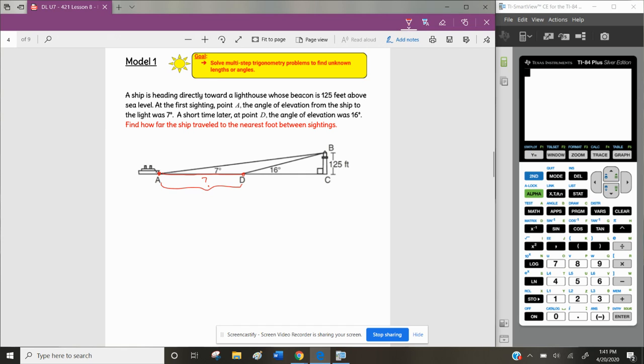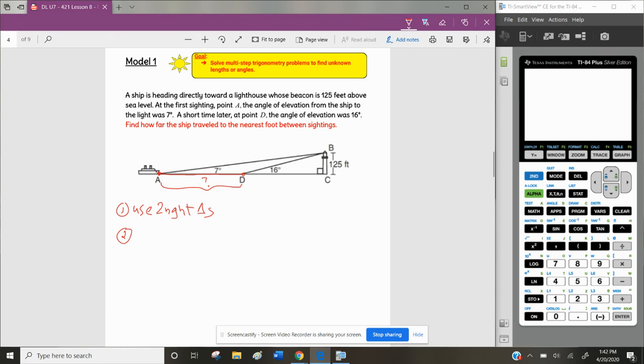So my plan here is to use two right triangles. So I'm going to redraw them. Because if I just use this triangle ADB, that is not a right triangle. That's an obtuse triangle. So I can't use trigonometry for that. I would have to use a different kind of formula, which we're not going over here. So I'm going to redraw two right triangles.